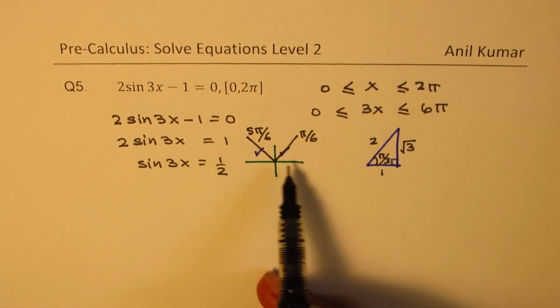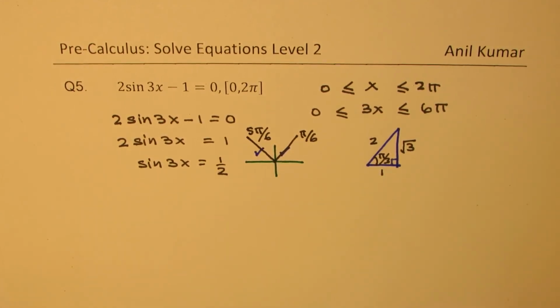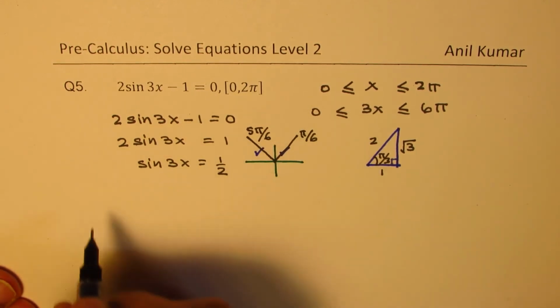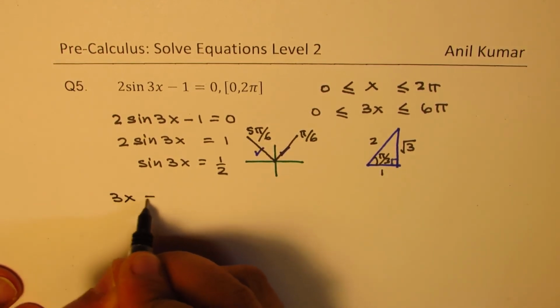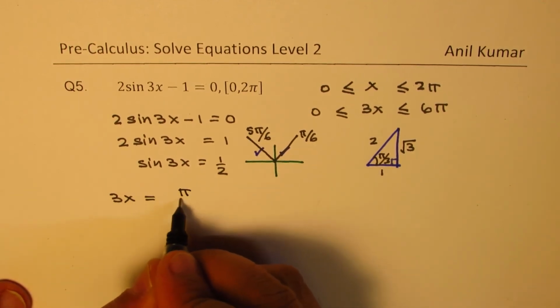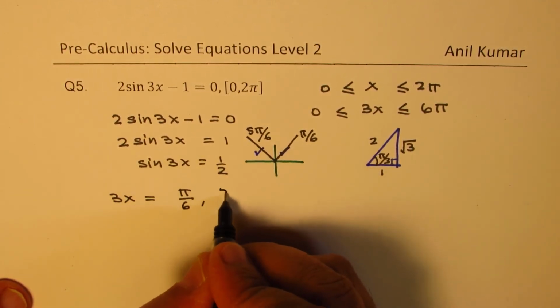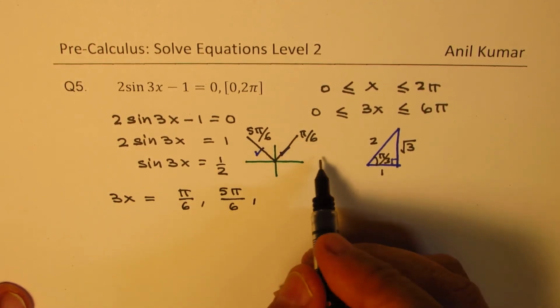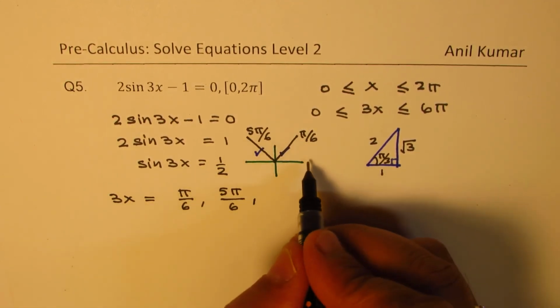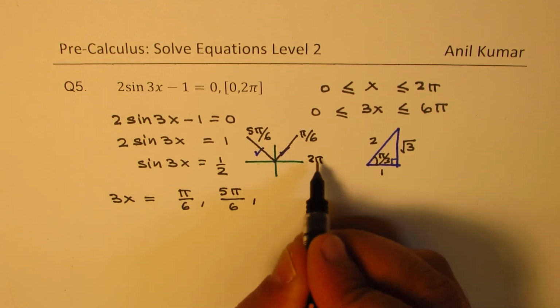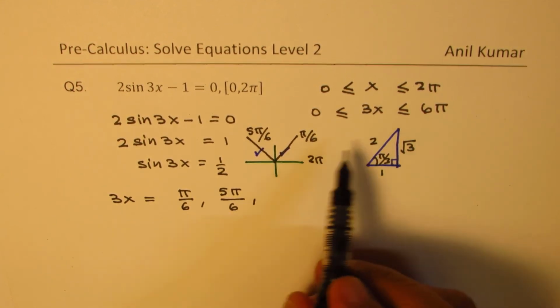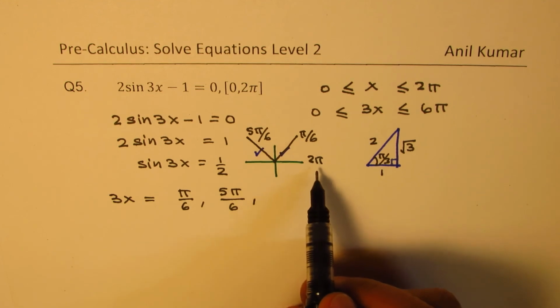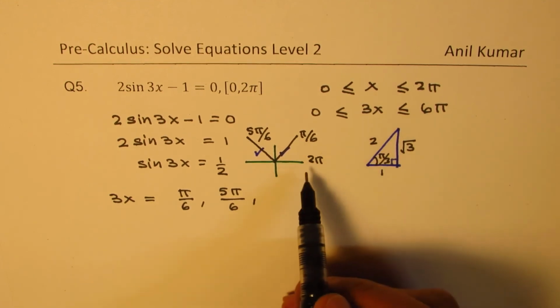Now these values repeat after every 2 pi, correct? So we can have the solutions as 3x is equal to pi by 6, then 5 pi by 6, and then add 2 pi. Now when you add 2 pi, we are talking in terms of sixths, right? 2 pi is 12 pi by 6.